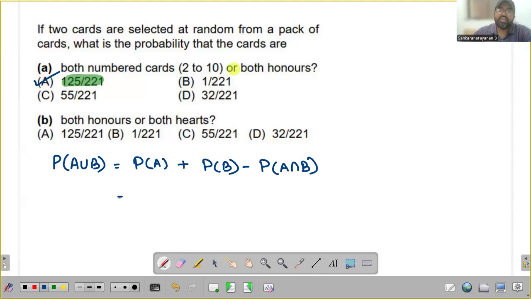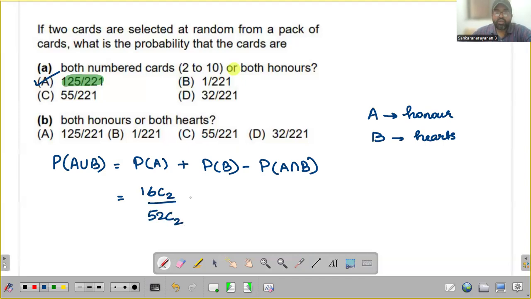So here I'm just defining the event A as it being an honor card, and B as it being the hearts. So the probability that it's an honor card will be 16C2 divided by 52C2.